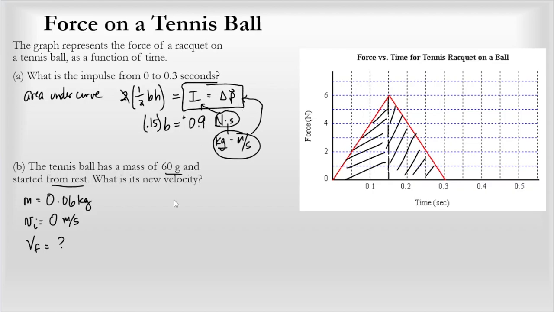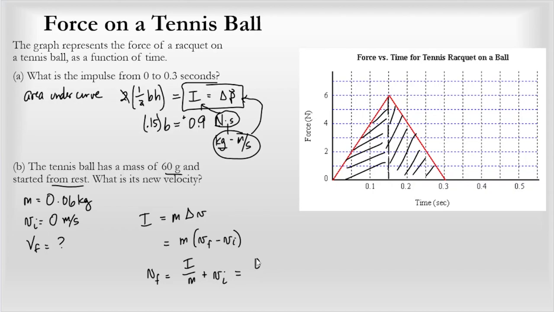I brought this up here. Impulse is the change in momentum. So I can say I equals mass stays the same, but I have a change in velocity, m delta v. So I'll go m times v final minus v initial. I'll solve that for v final. V final equals, let's see, the impulse divided by the mass plus the initial velocity. It's just some quick algebra there.